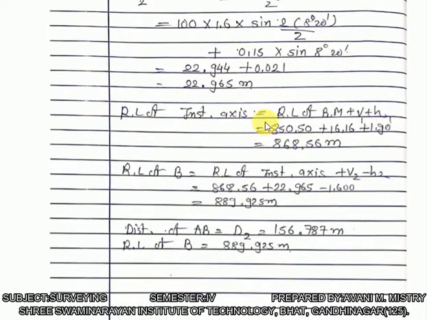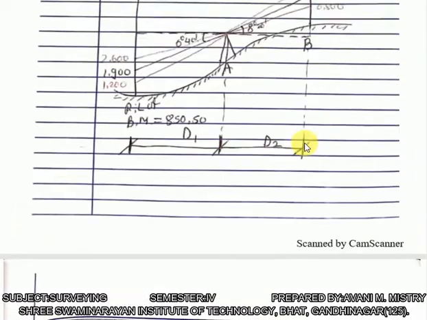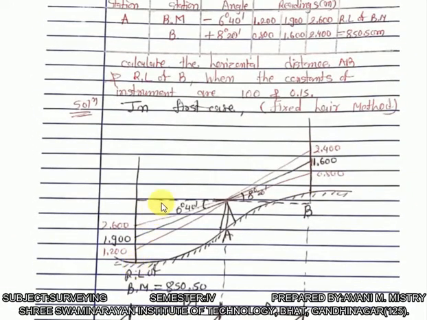The RL of the instrument axis is found from the RL of benchmark. First of all, to find the RL of the instrument axis, it is RL of benchmark plus central hair reading, that is H1 plus V1.